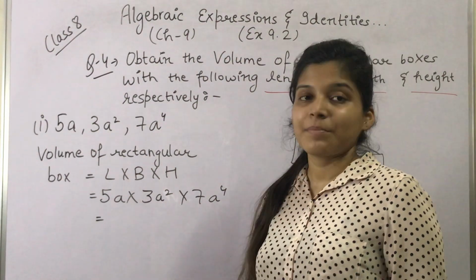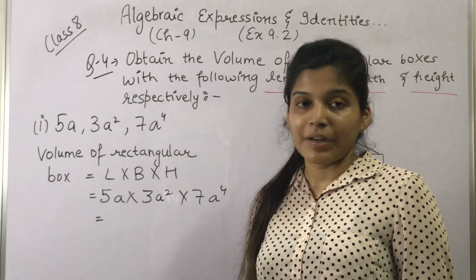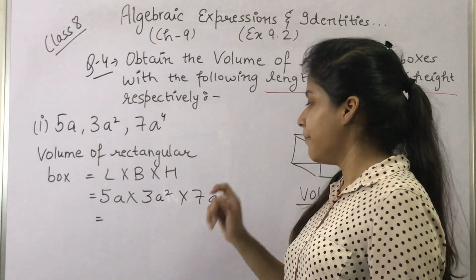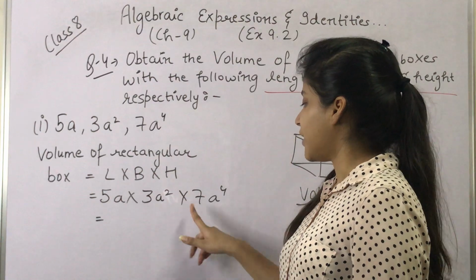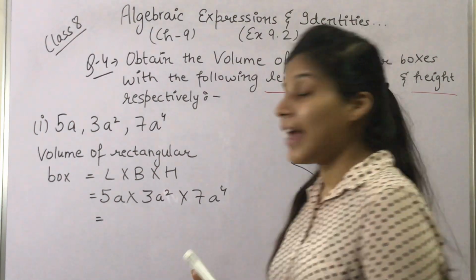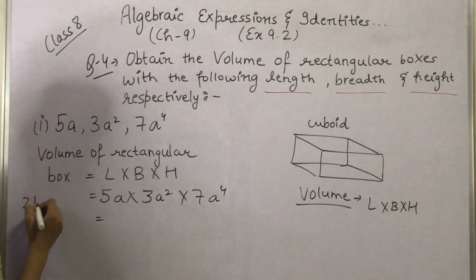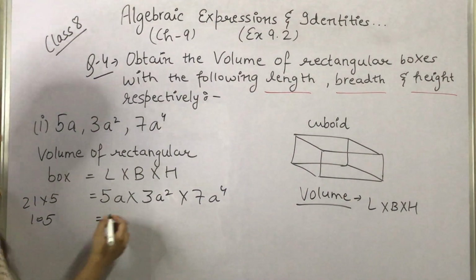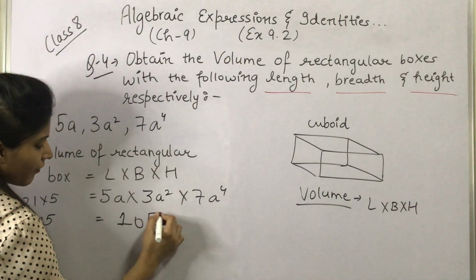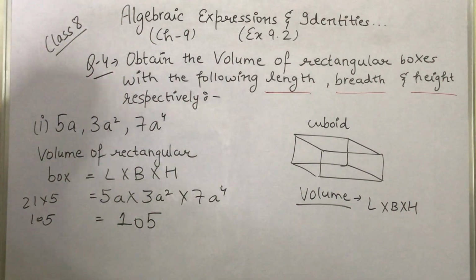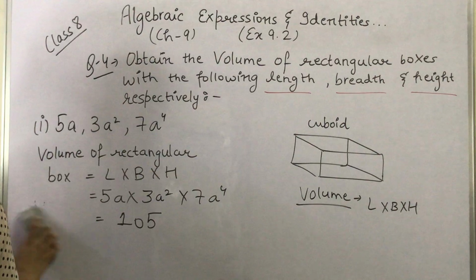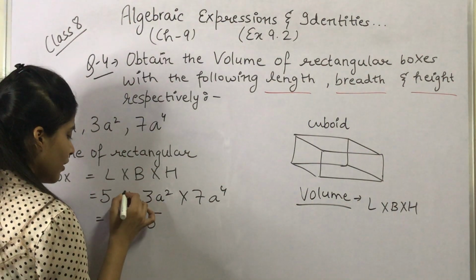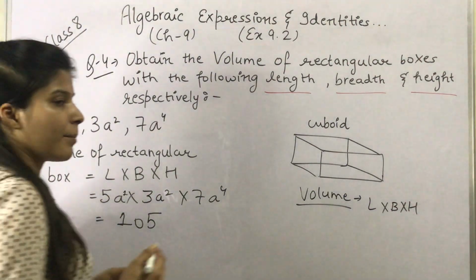So let's multiply the numerals separately and then we will multiply the variables. So 7 3s are 21 and 21 5s are, so 5 1s are 5, 5 2s are 10. So we have 105. So ये तो हमारे numerals multiply हो गए. Now let's come to the variable. अब variable है हमारे पास a to the power 1, a to the power 2 and a to the power 4.